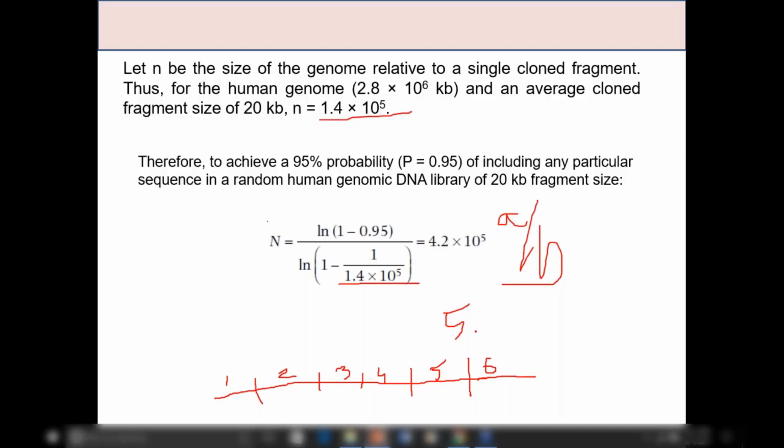If I want to cover 100%, how many fragments do I want? 6. Did you get it? If I want to cover 95%, I need 4.2 into 10 to the power 5 bacteria, where each bacterium contains one plasmid with one piece of DNA. Can you correlate now?